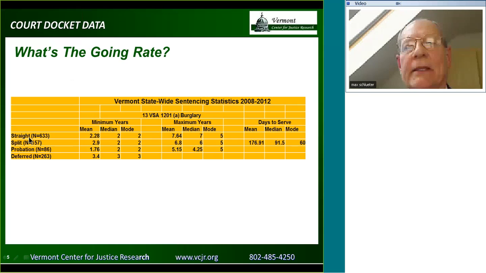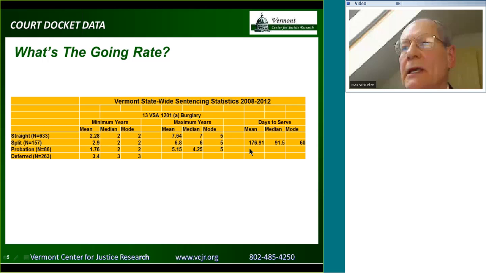And typically they want to know this information for persons sentenced straight time versus split time, which in Vermont is a brief period of incarceration followed by probation. And so what we do here is for both the minimum and the maximum, we give them the mean, the median, and the mode.